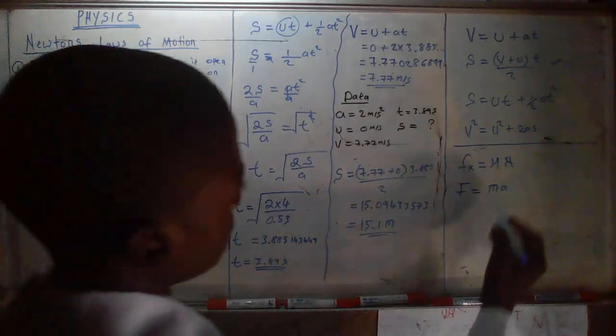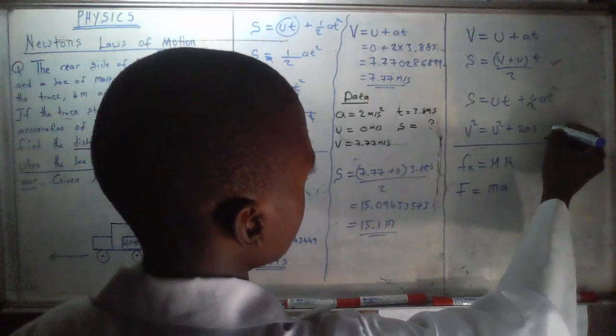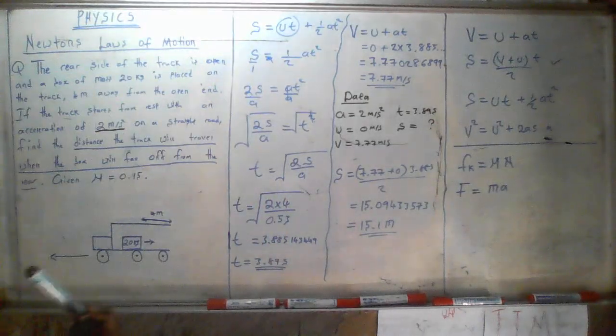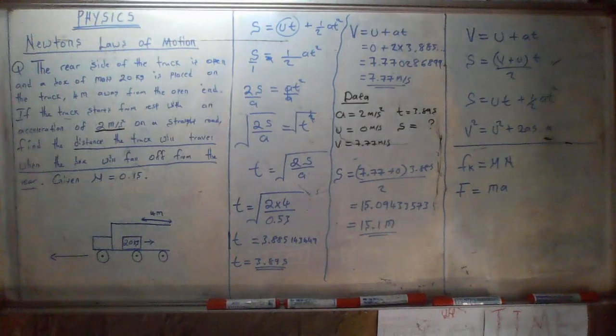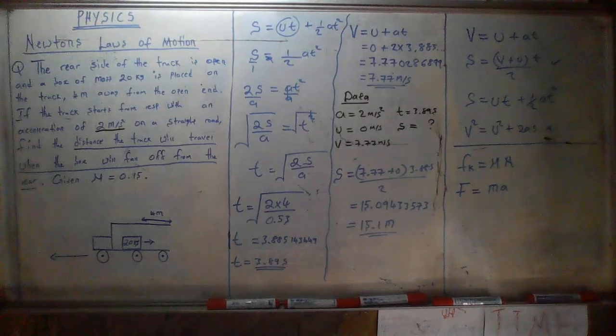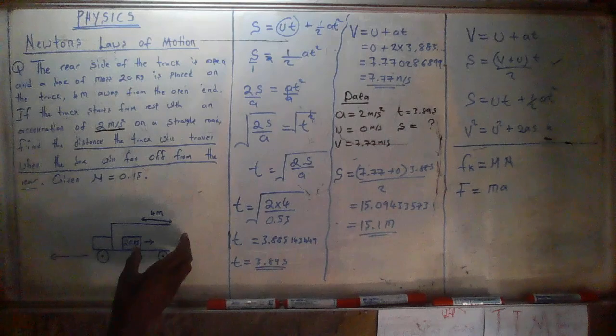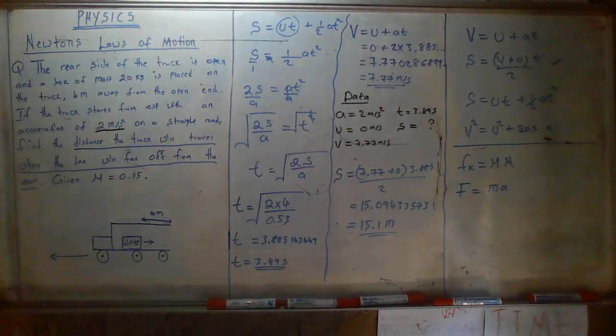But why didn't we use this formula? Well, that formula doesn't have time, and time in this case was a vital thing. Time was very important because we had to get time from the box, then relate it to the truck. But you can try it out.